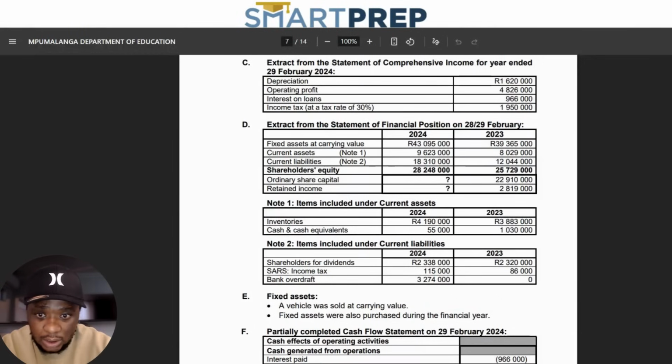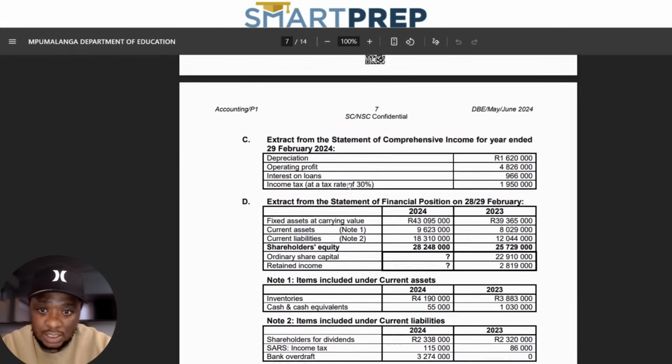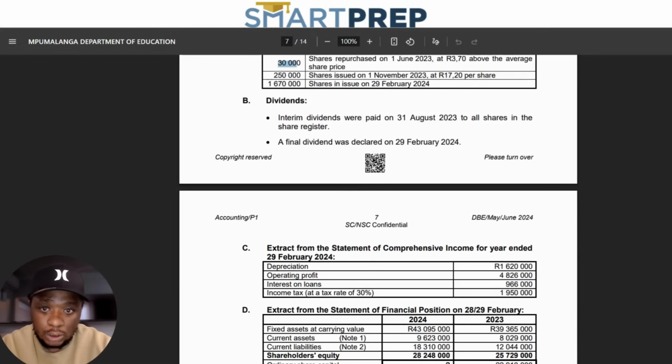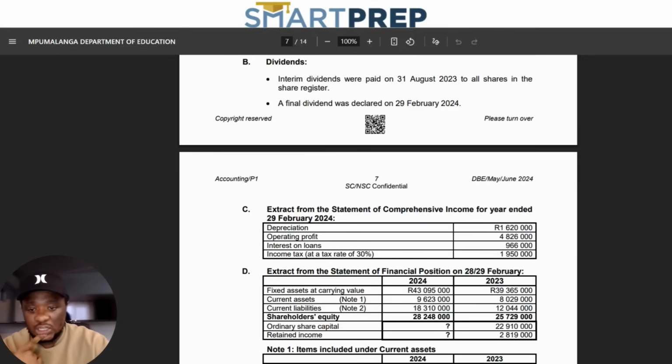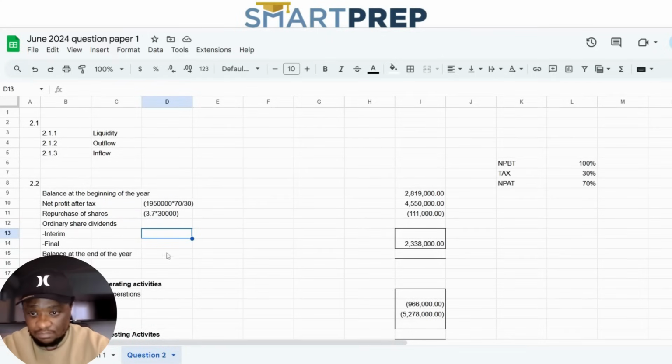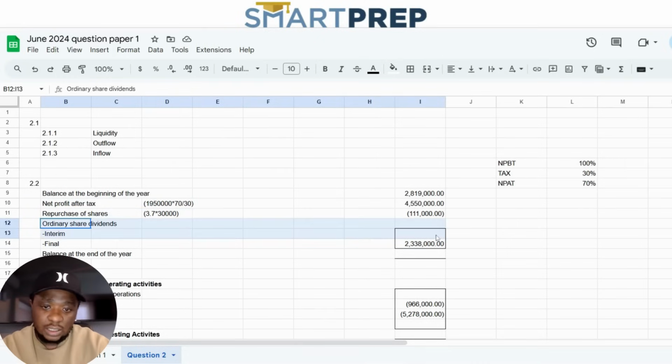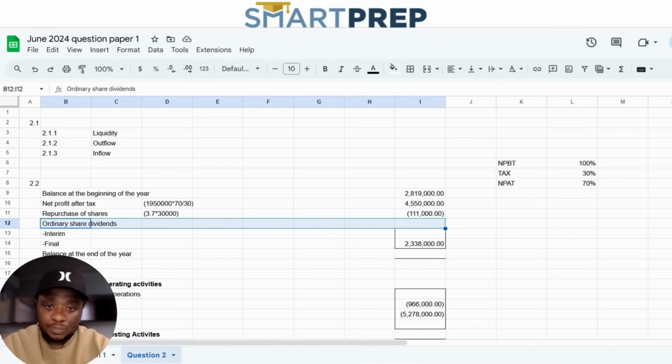We have current assets, current liabilities, retained income, not given, and then we have inventories, cash and cash equivalents. So for the interim dividend, we don't have information that relates to it, so let's come back to it at a later stage. Because we don't have the interim dividend, we cannot have the total of ordinary share dividends, and therefore we cannot have the balance at the end of the current period.